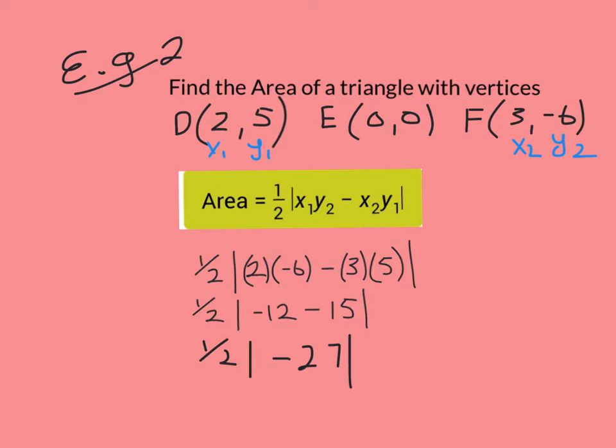But as I mentioned before, these lines indicate that this is always going to be positive. They're called absolute value lines. So this means that my answer is going to be a half of 27, which is 13.5. And that's my final answer.